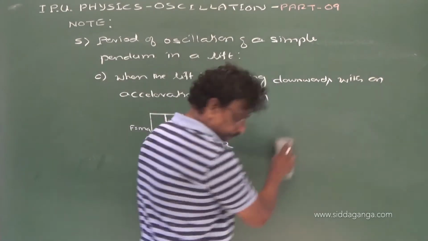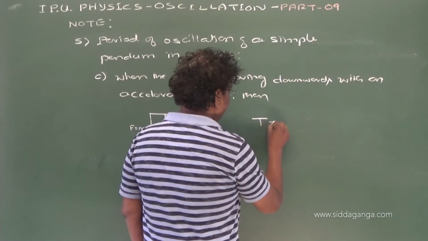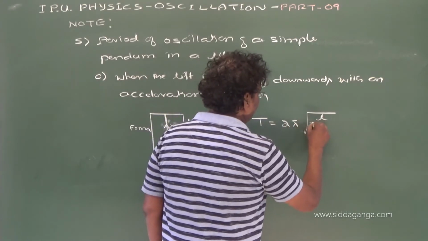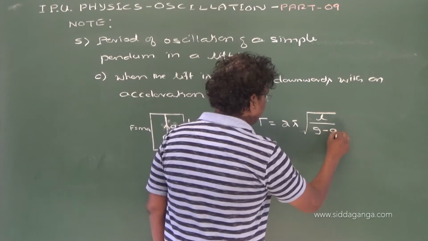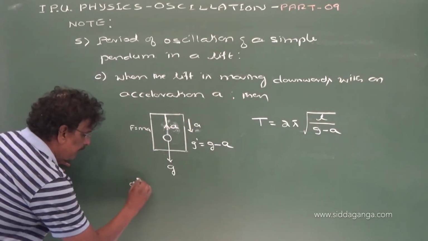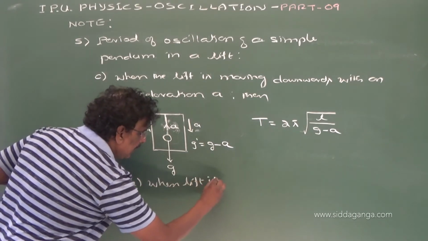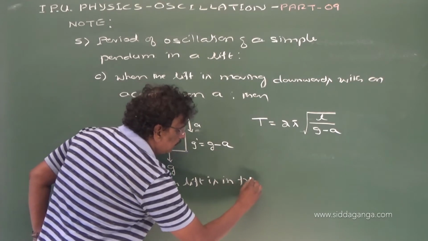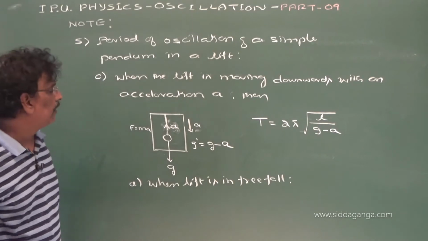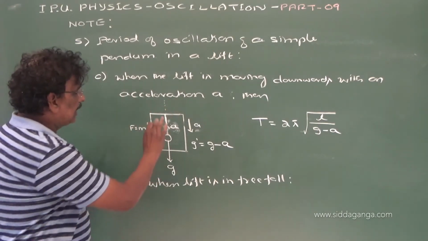Now, this T is equal to 2 pi into square root of L by g minus a. Now, when the lift is in free fall, what do we mean by free fall? Suppose we are having a cable here, and that cable is broken.